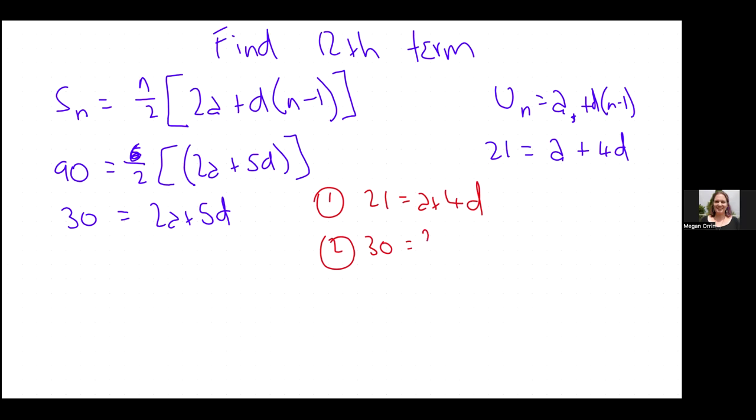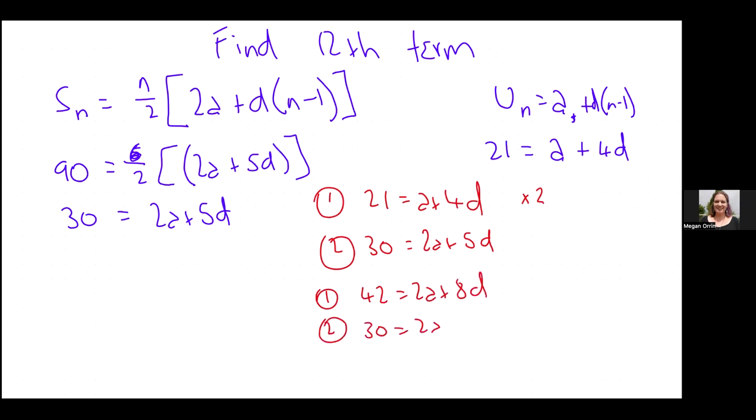Can I solve these simultaneous equations? What do I have to do before I can solve them? The easiest thing is to double the first one. So I've got 42 equals 2a plus 8d, and then I've got 30 equals 2a plus 5d.